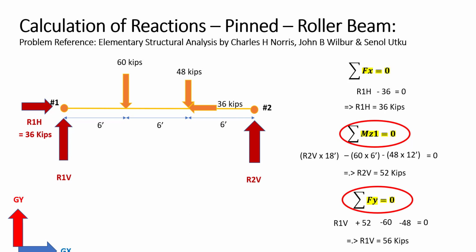So you have to apply some ingenuity in solving these problems, which is to say that you have to be clever enough to select the moment equation at specific points which would give you an advantage in solving the reactions of the structure.